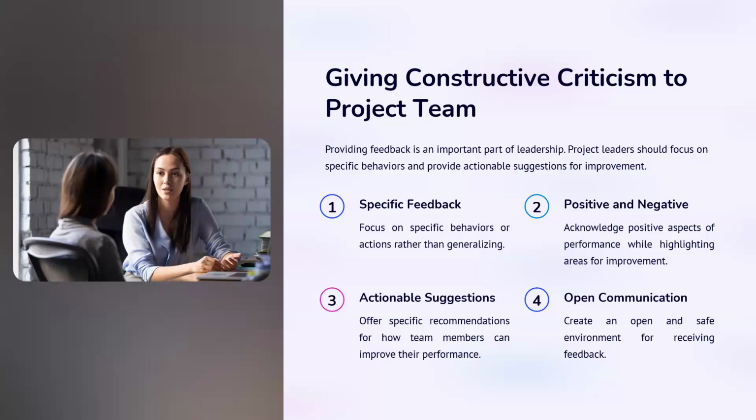Or you can learn this skill set within a few days or few hours, and we are ready to provide you with the available resources. In this way you can foster your team members. Then actionable suggestions are specific recommendations for how team members can improve their performance. And open communication: create an open and safe environment for receiving feedback.